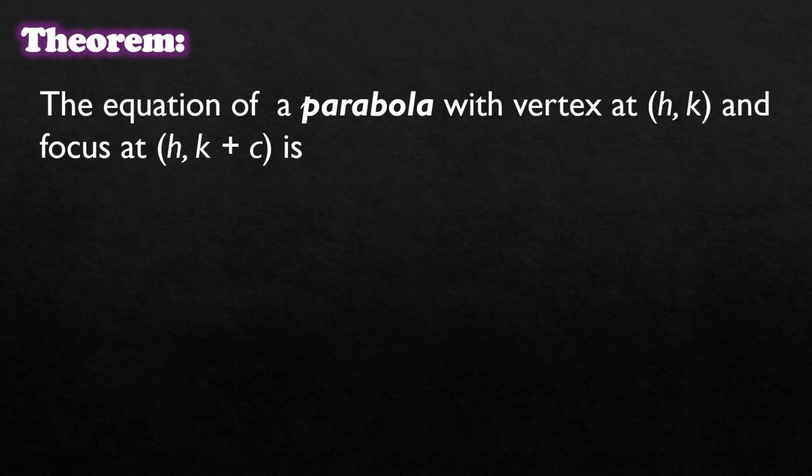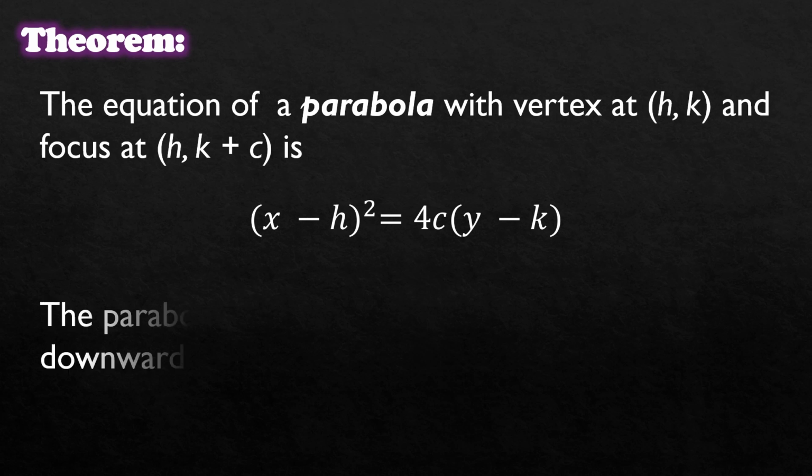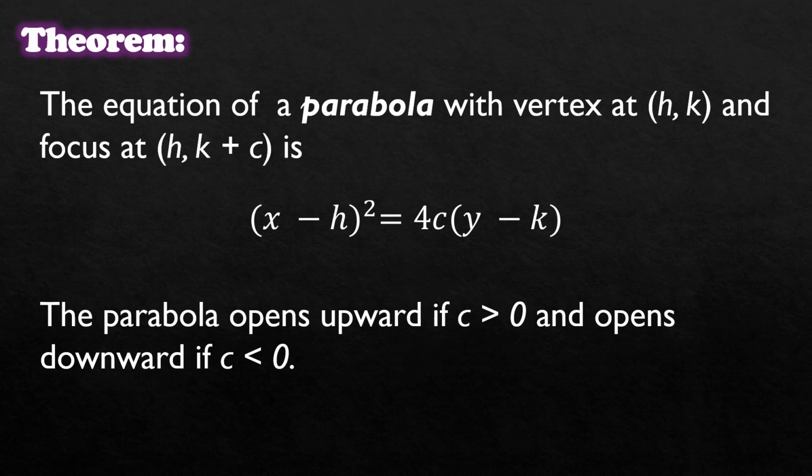The equation of a parabola with vertex at (h, k) and focus at (h, k + c) is (x - h) squared equals 4c times (y - k). The parabola opens upward if c is greater than 0 and opens downward if c is less than 0.